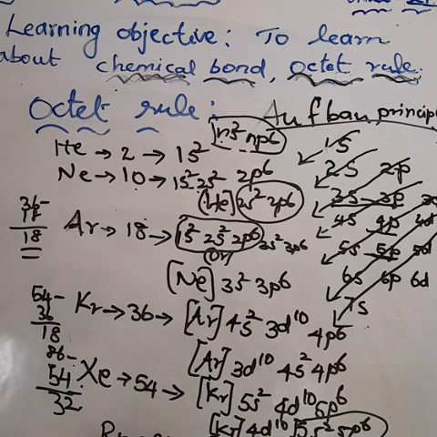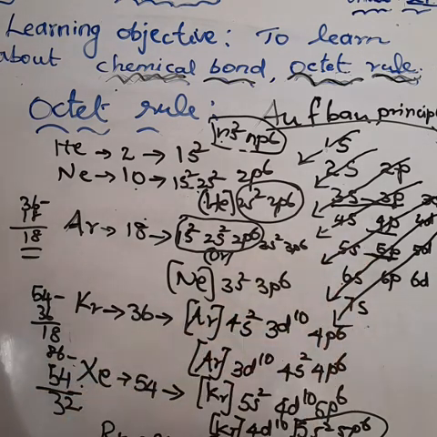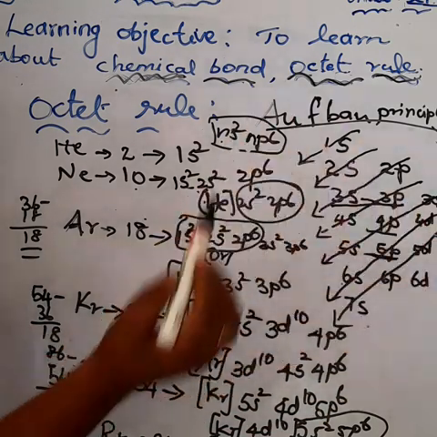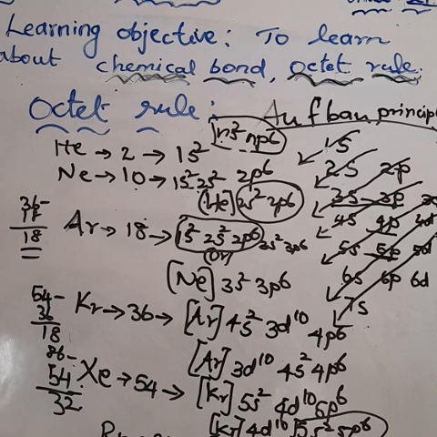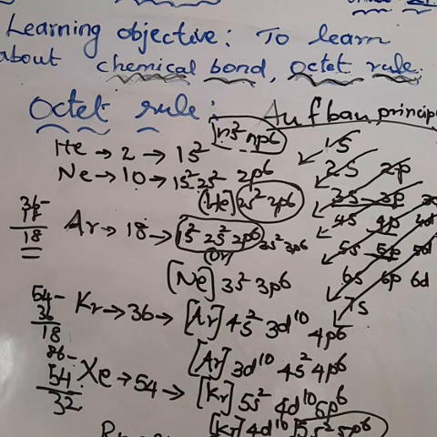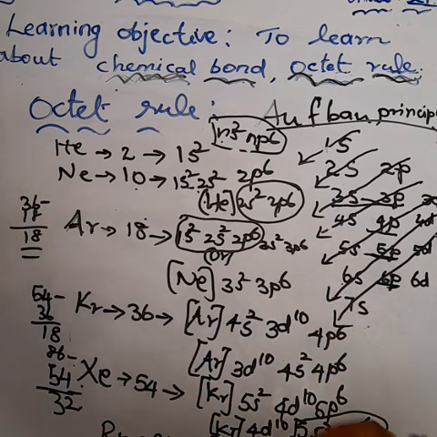We completed with 5p6. Then we can write 6s2 and then 4f14, then 5d10, and then 6p6.